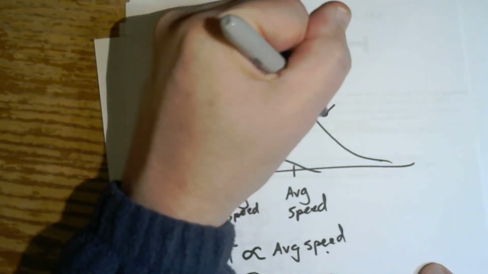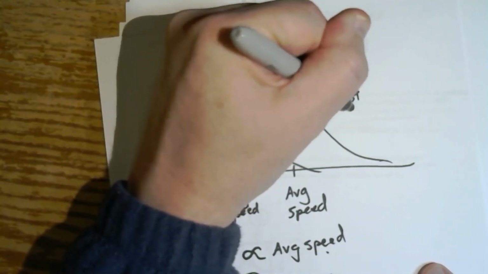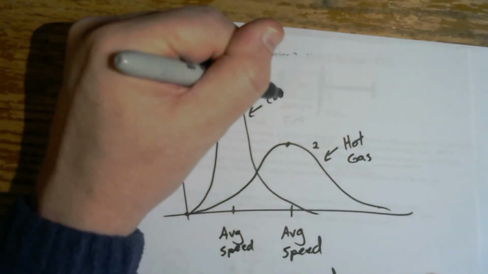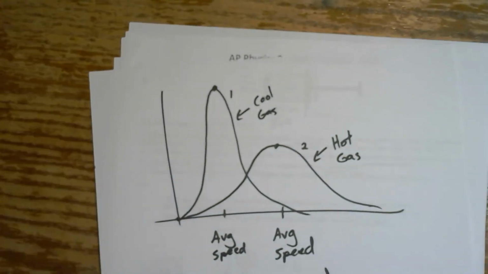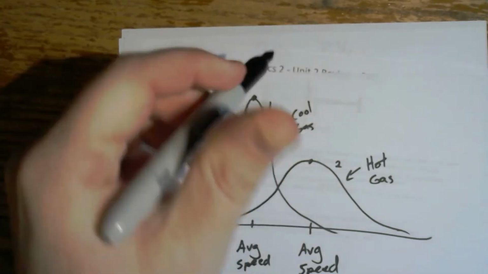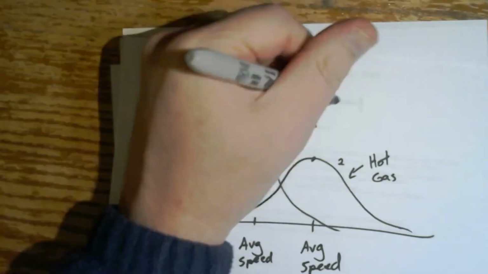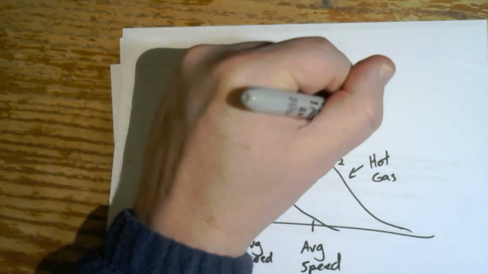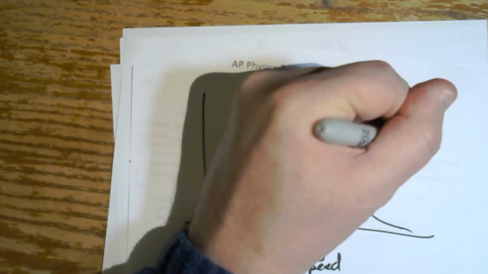So that means that right here, this is hot gas, and this corresponds to a cool gas. All right. So that means that curve 1 has to correspond to a low temperature, and curve 2 has to correspond to a hot temperature.